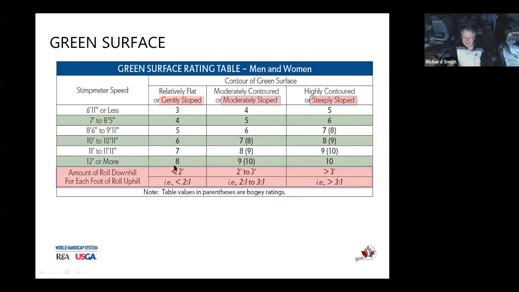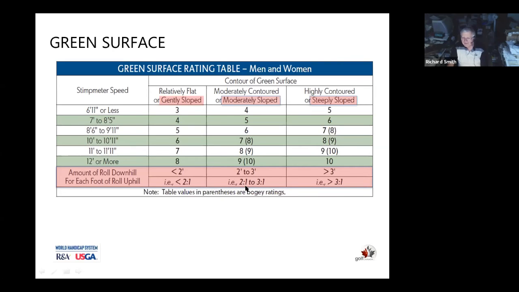Just a note here, if we're talking about the degree of slope as opposed to the contour, the relatively flat ones will be where there's less than a 2-to-1 ratio between the downhill and uphill.